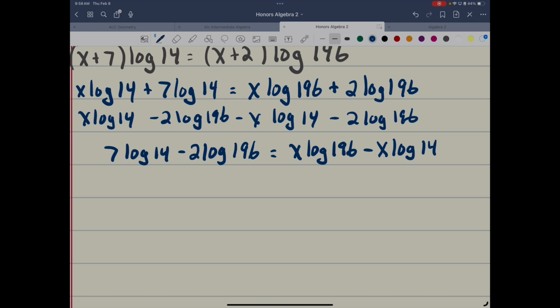That means this is going to be 14 to the 7. Okay? So if we rewrite this, it's going to be log of 14 to the 7th power over 196 squared. Correct?